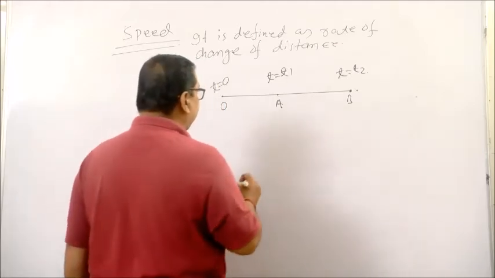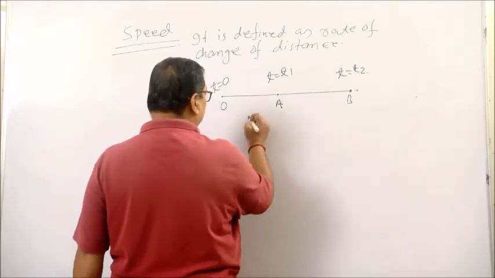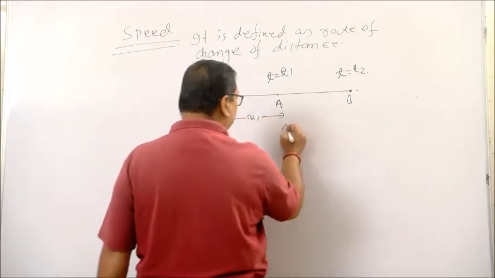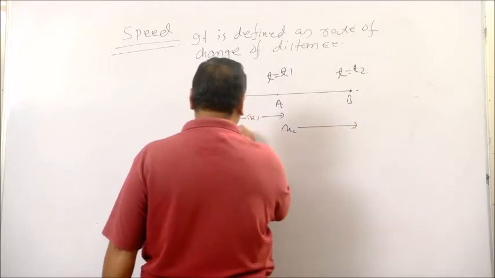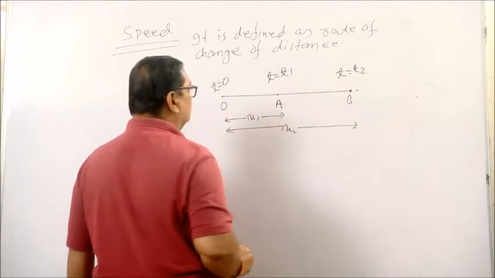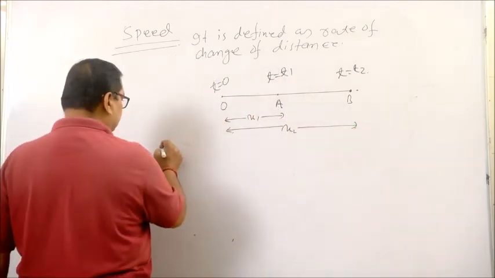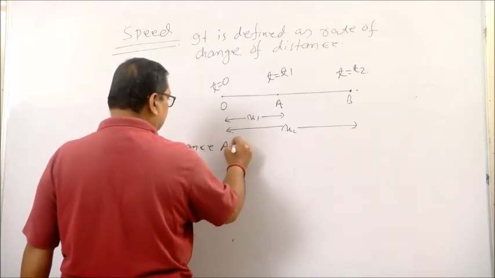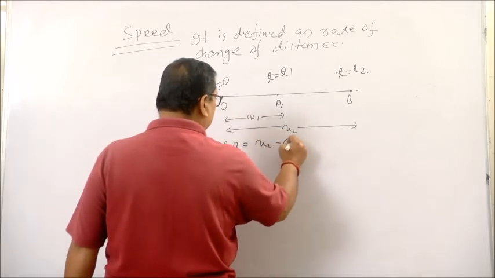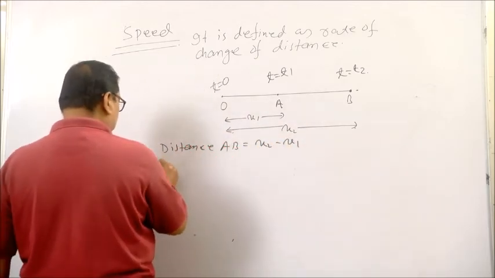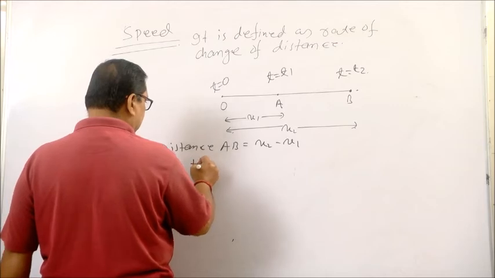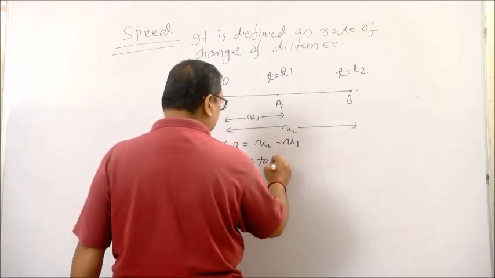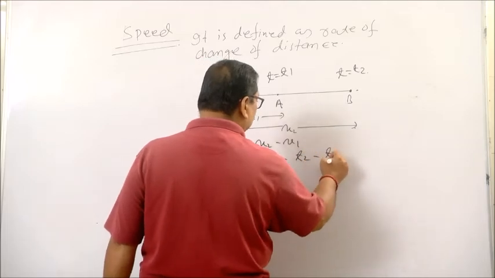And suppose the distance from O to A is x1 and O to B is x2. Here you see distance AB equal to x2 minus x1, and time taken from A to B equal to t2 minus t1.